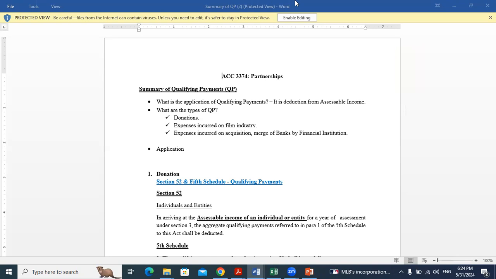Within the entities, we have partnerships, limited liability companies, and trusts. Other than that, there are some other entities also. There are NGOs, executors, maybe the government or any other persons identified in that, maybe charitable institutions. For all these individuals and entities and any other persons identified in the Inland Revenue Act, these qualifying payments are applicable.